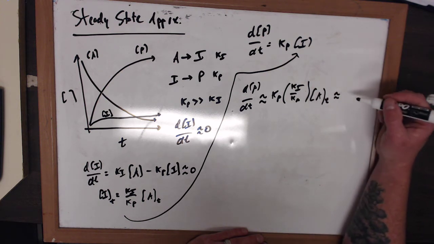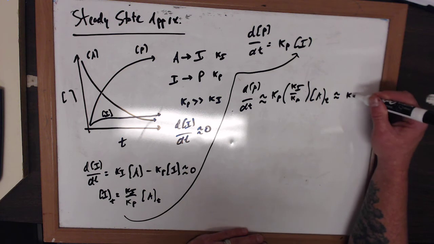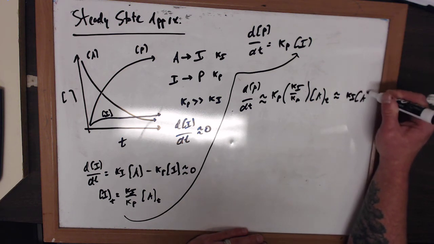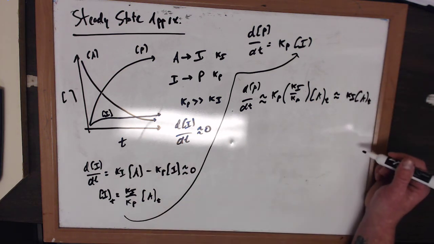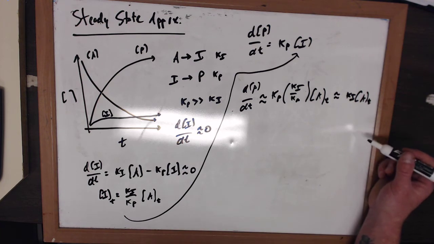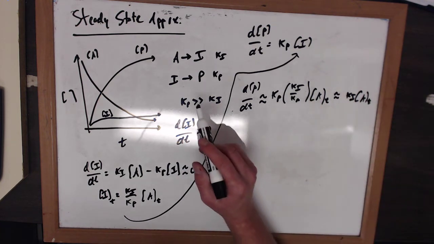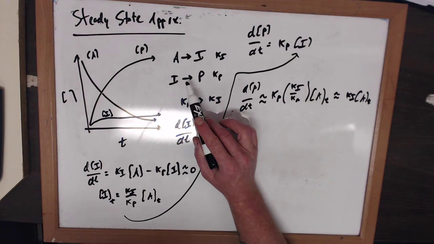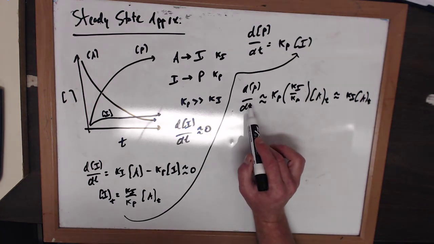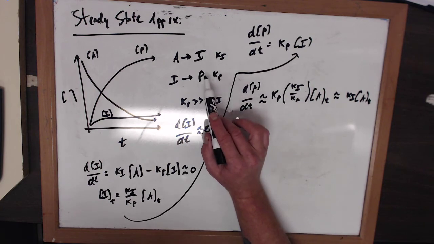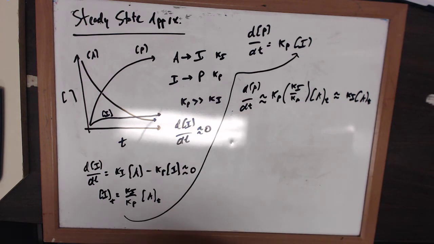Well, and again, that just is all going to be equal to Ki times A of t, which is kind of cool because it's not what you would at first come up with. If you were writing dP/dt from first principles, you would write it as positive Kp times I.